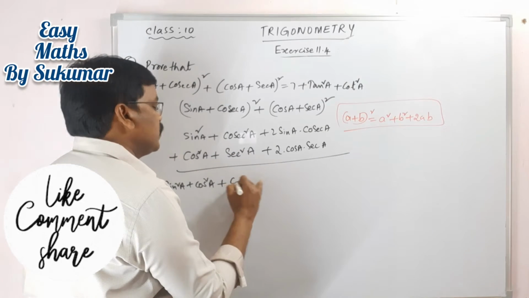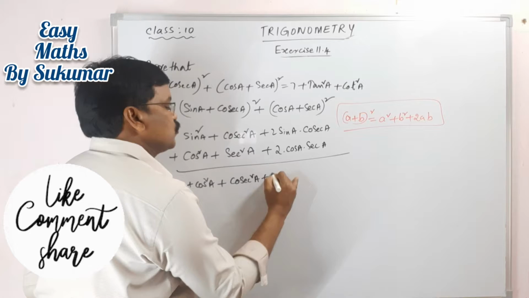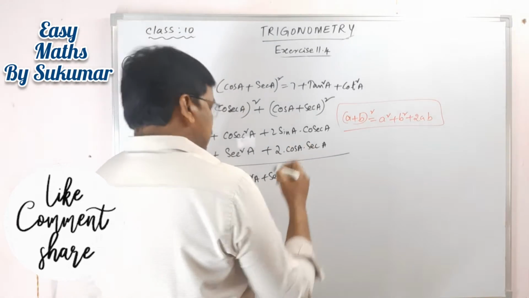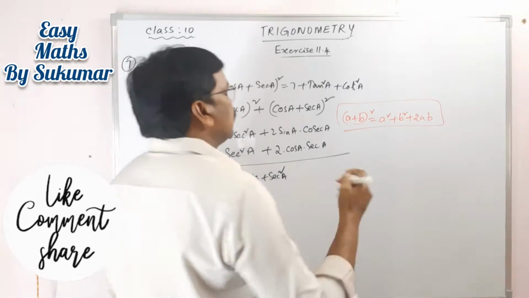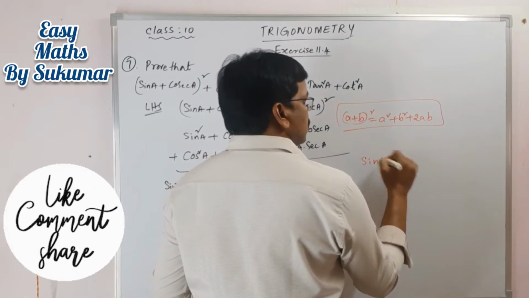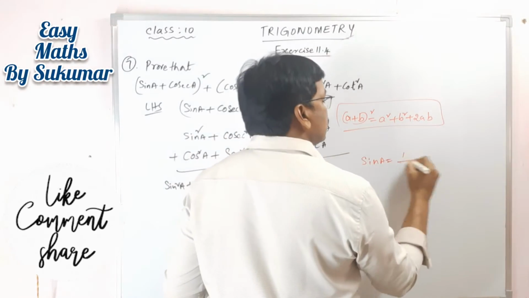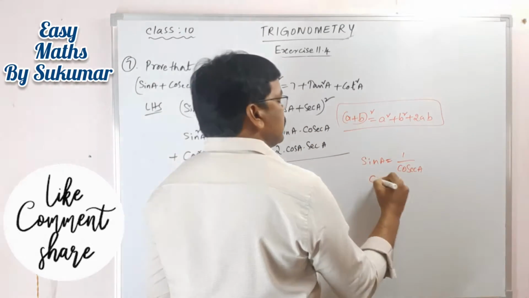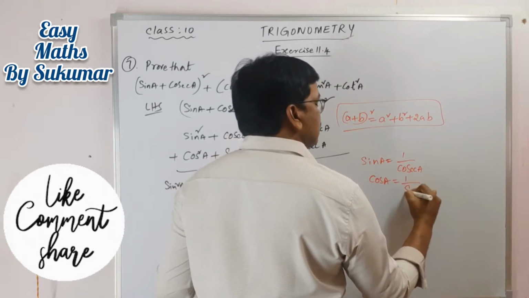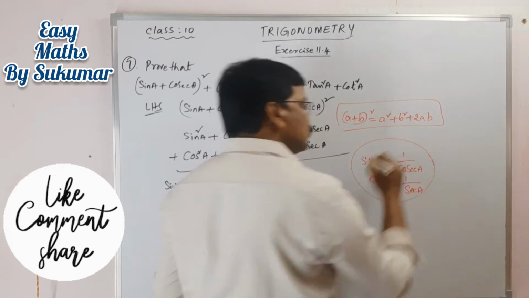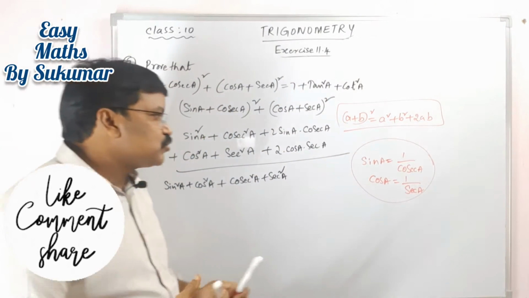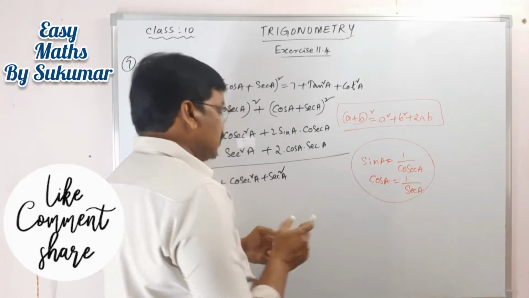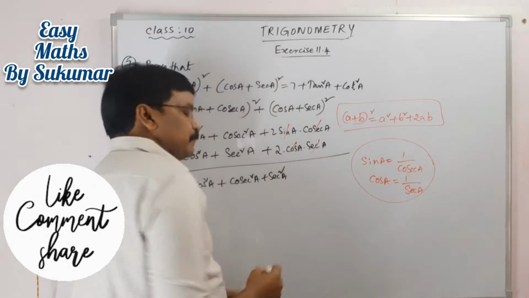Here, cosec square A plus sec square A. Plus, look here, we know the reciprocal identities: sin A means 1 by cosec A, and cos A means 1 by sec A. If you write these two identities, you can cancel these two.